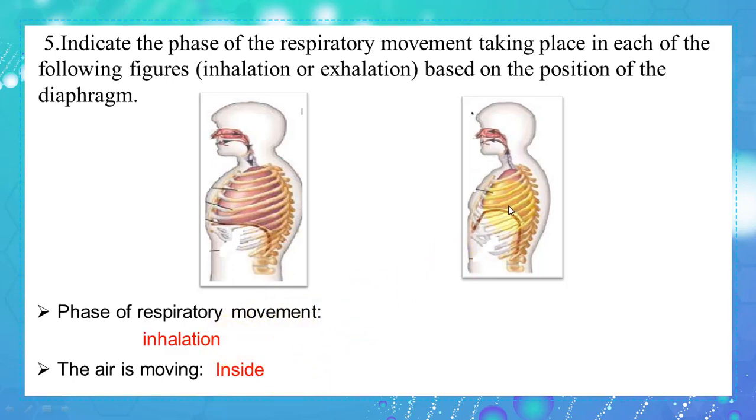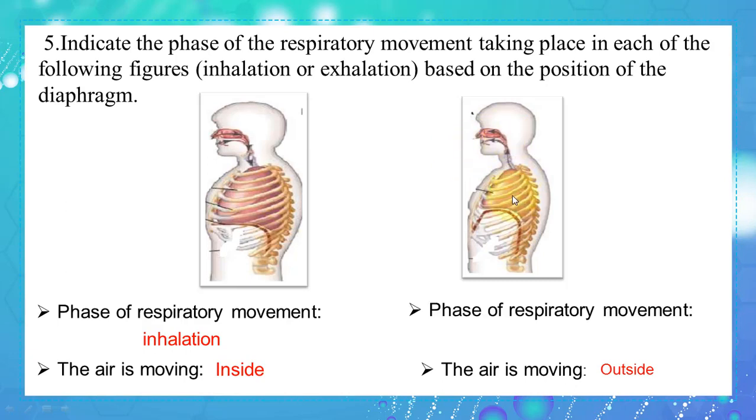Observe this figure now. What about the position of the diaphragm? Is it moving upward or downward? Yes, it's upward. What will happen to the air inside the lungs? The air will move outside the body. So, which phase is indicated here?